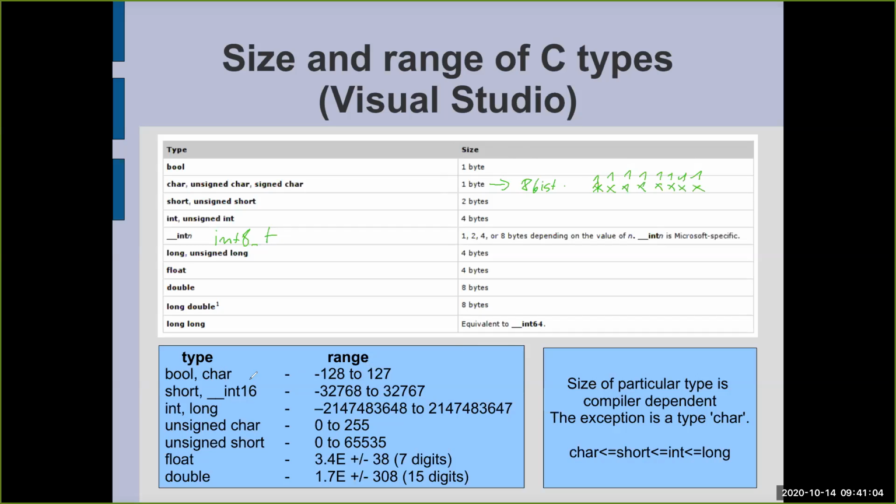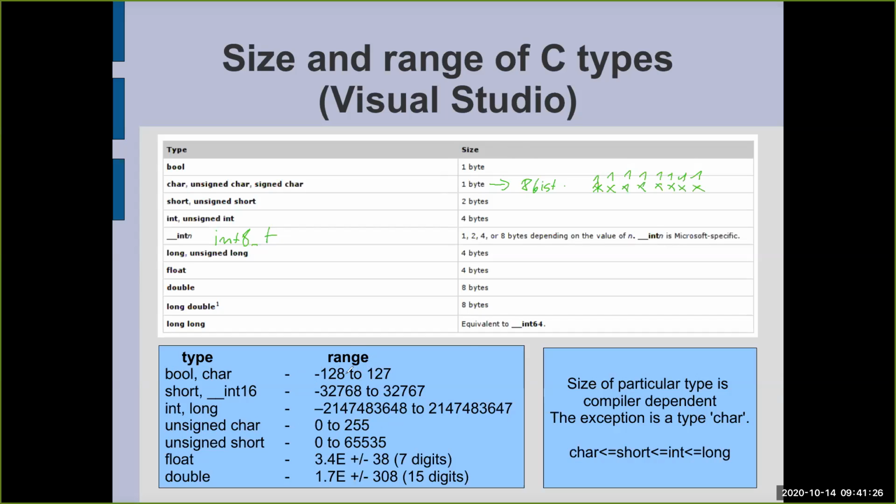So for char, it will be from -128 to 127, while for unsigned char, it will be 0 up to 255. So you can see that for both of these types, they take 1 byte.